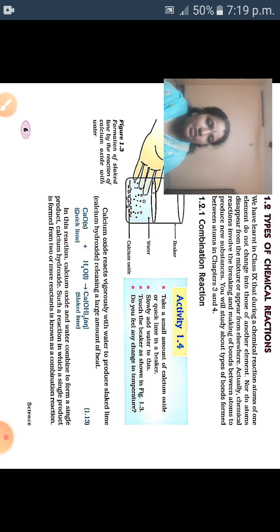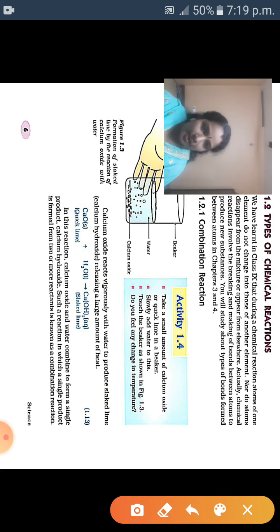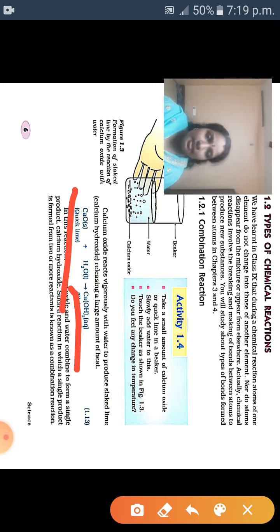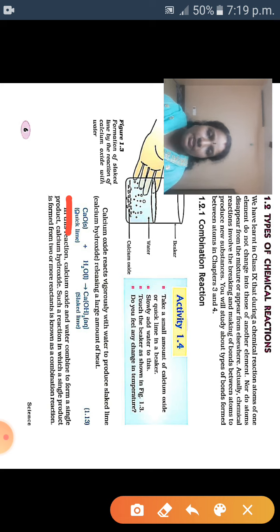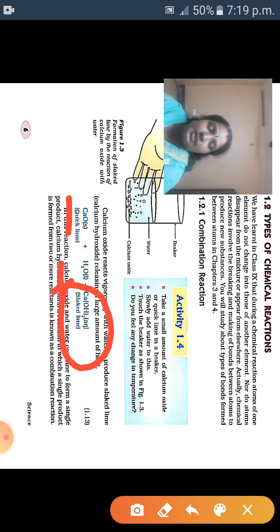In this reaction, calcium oxide, which means quicklime, reacts with water to form calcium hydroxide.